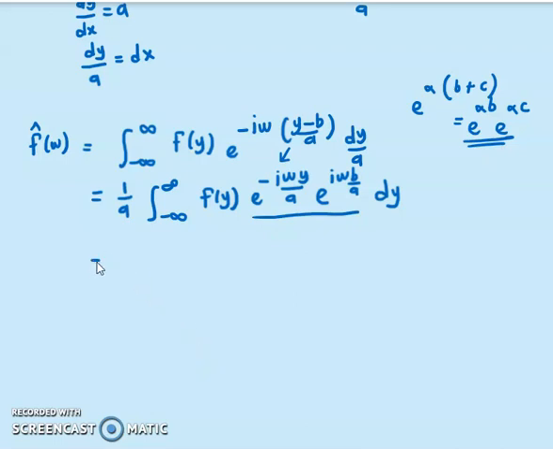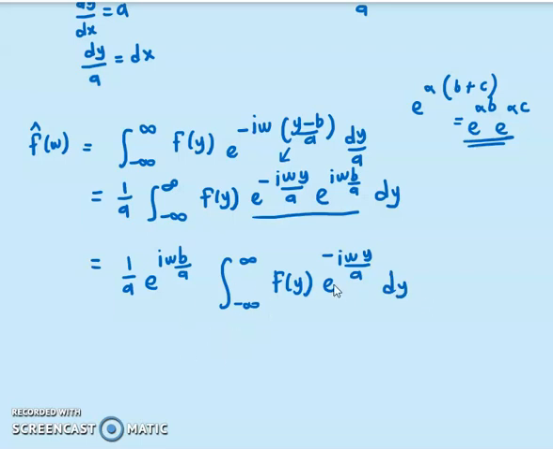Now, this part has nothing to do with y, so I can bring it out as a constant. So I have 1 over a e^(i omega b / a). Now we have from minus infinity to infinity f(y) e^(-i omega y / a) dy.